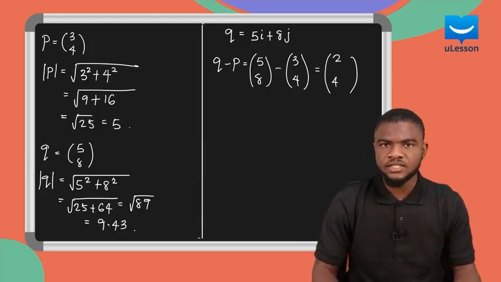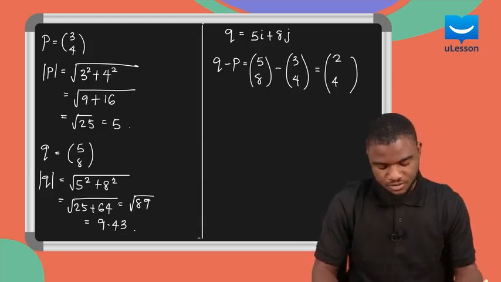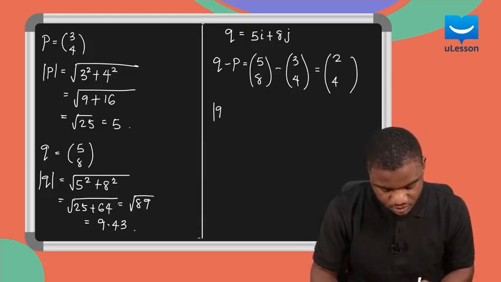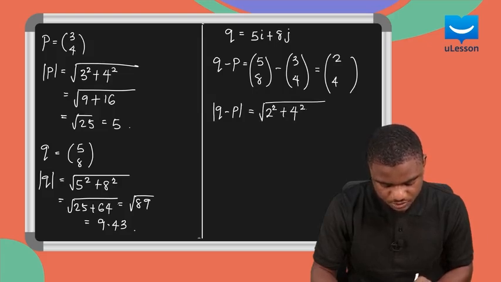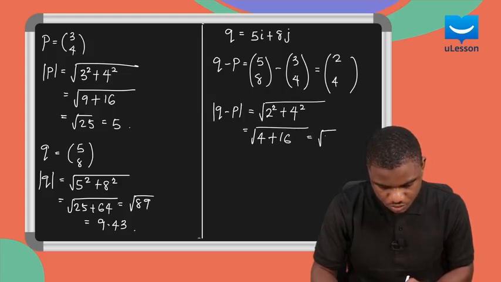Now let's find the magnitude of this vector, that is the vector Q minus P. And this is the square root of 2 squared plus 4 squared, which is equal to root of 4 plus 16, which is equal to root 20. And root 20 can be expressed in decimal to be equal to 4.47.